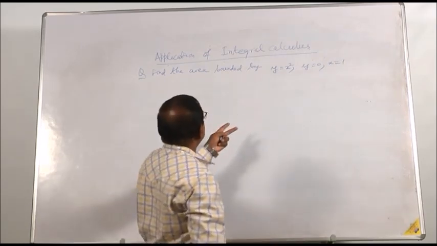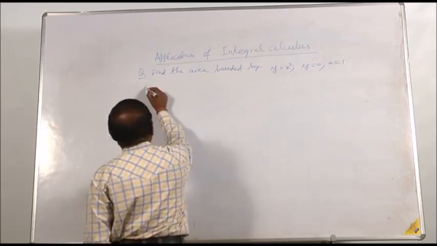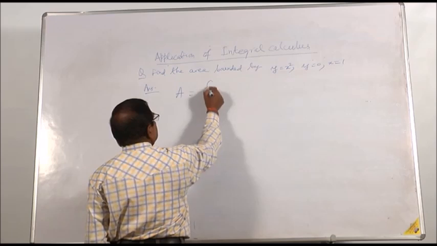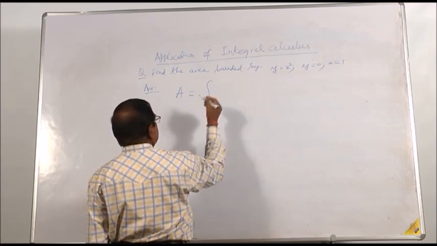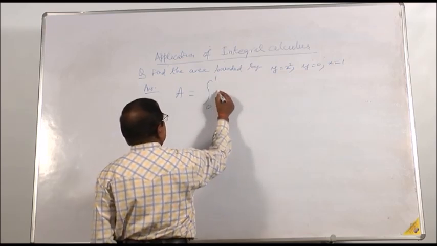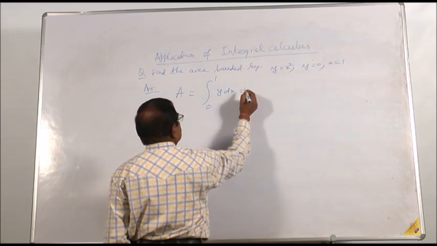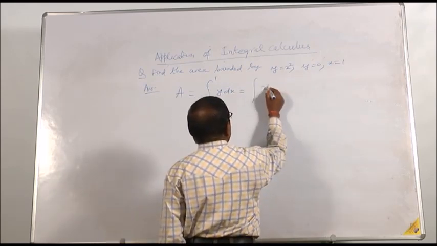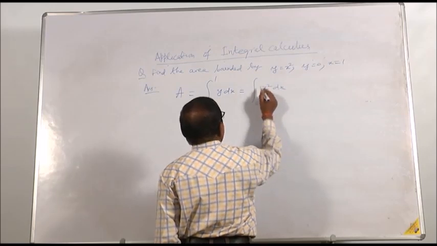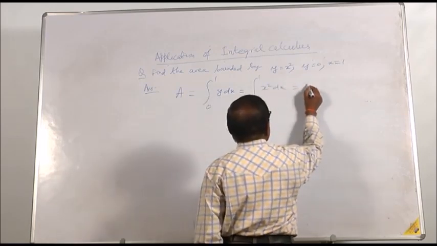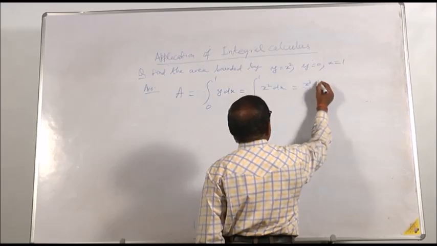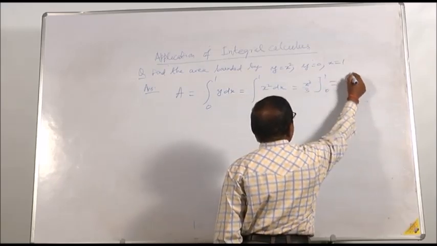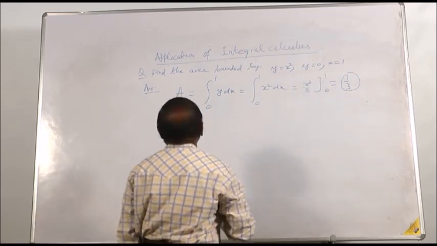You see here the area is, because x varies from 0 to 1 and we know the integral of y dx, the value of y is x square, and this is x cube by 3. So this area is 1 by 3.